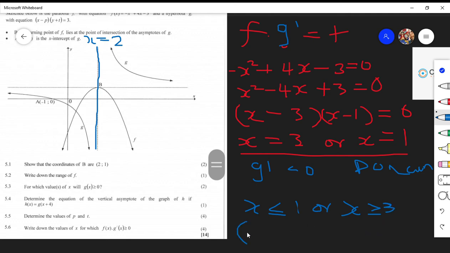Alternatively, we can write it as negative infinity to 1, since we're inclusive of 1, with a square bracket, union 3 to positive infinity. Okay?